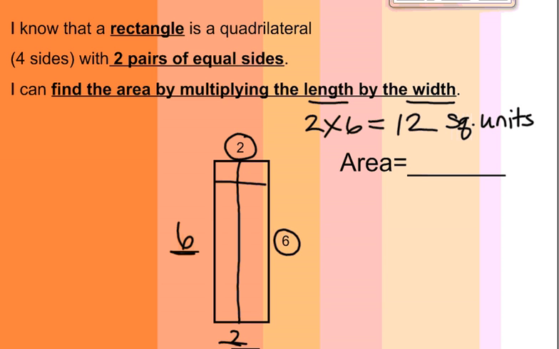That's 1, 2. 1, 2, 3, 4, 5, 6, 2 times. That would fit into this rectangle perfectly. And so the area, or the measurement of the inside of my shape, is 12 square units.